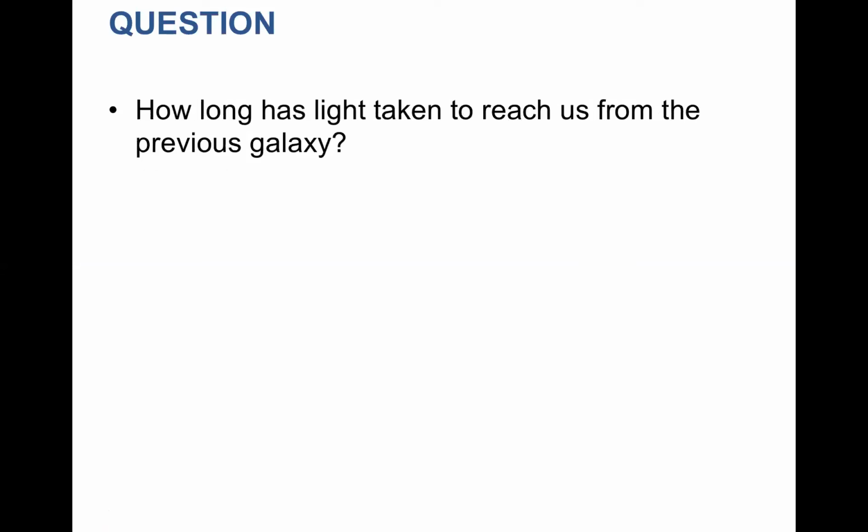Okay. How long has light taken to reach us from the particular galaxy that we're talking about? Again, this is a simple math equation. Let's go ahead and write it down.